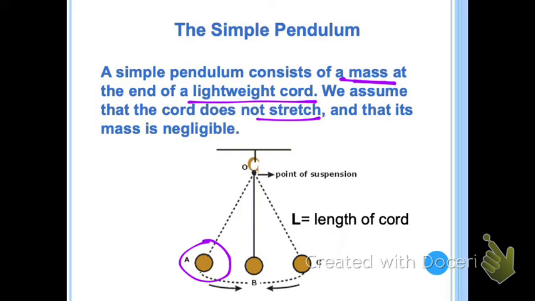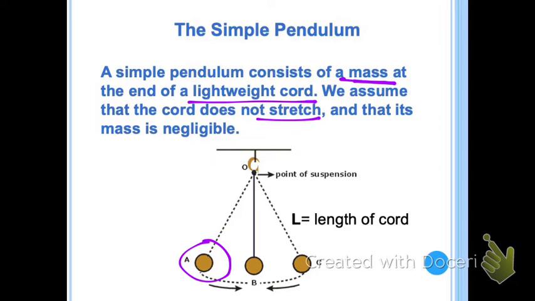No. The beauty of a pendulum is that it's supposed to be super consistent. The period is consistent. The frequency is consistent. It lulls you to sleep type things. That's what we're looking for in a pendulum. And if you've got a cord that stretches, then we've got inconsistencies because we're bouncing and things like that. So it's important that it doesn't stretch and that the mass of the cord itself is pretty negligible.